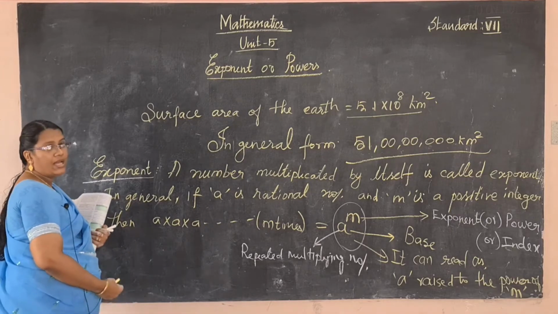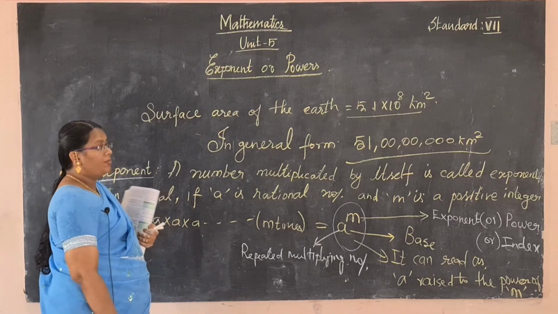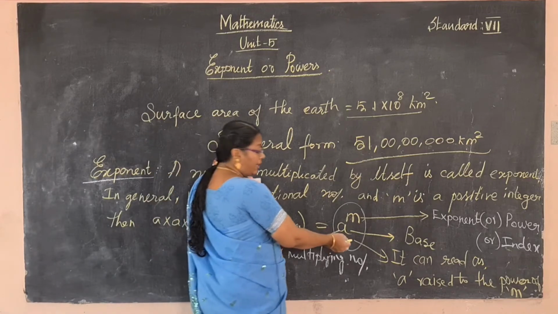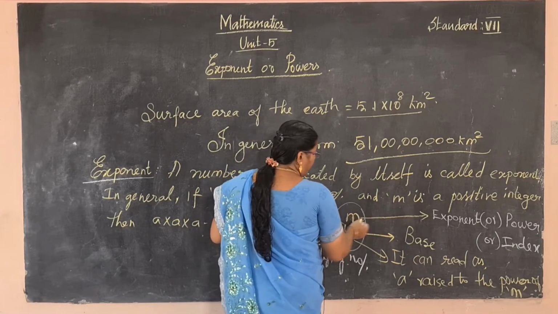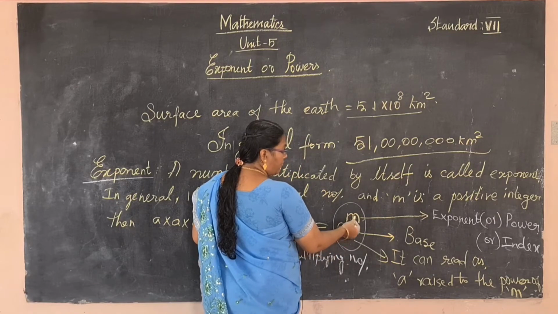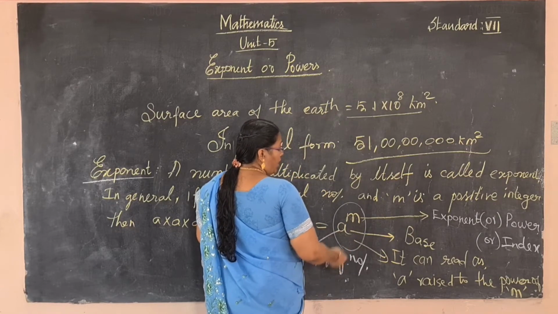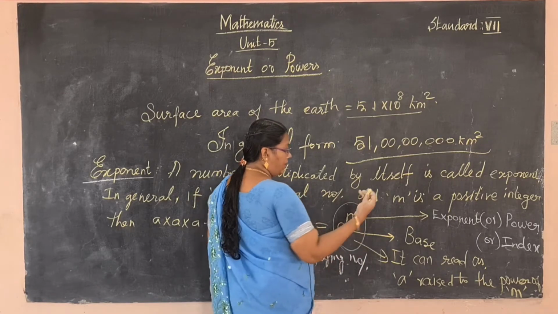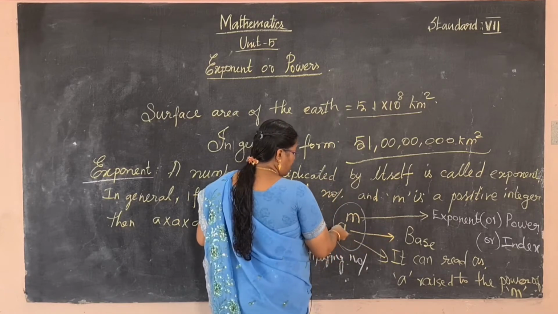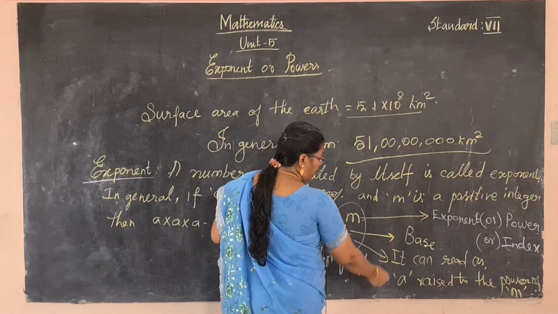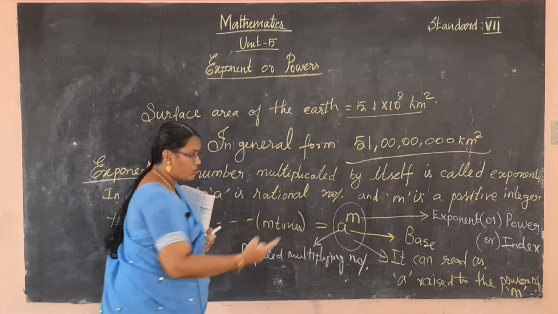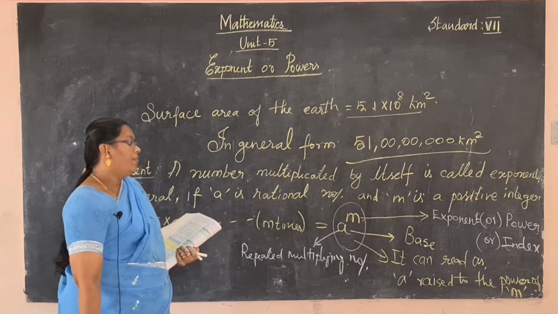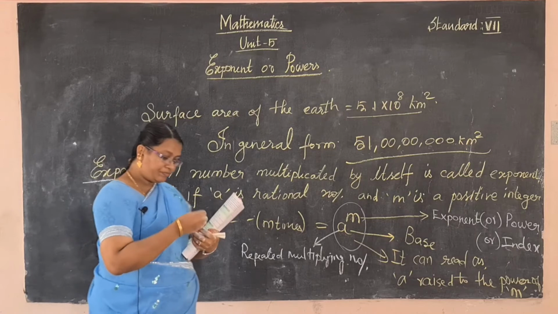In general, if A is a rational number and M is a positive integer, and we multiply the number M times, we write it in the exponential form as A power M. M is called the exponent or power or index, and A is called the base. Mostly we read A raised to the power of M or A power M. Okay, now move to the examples.